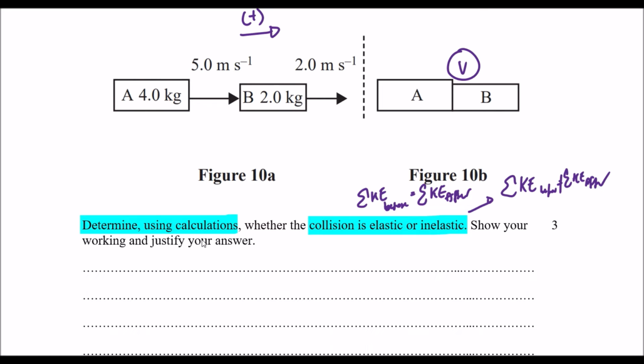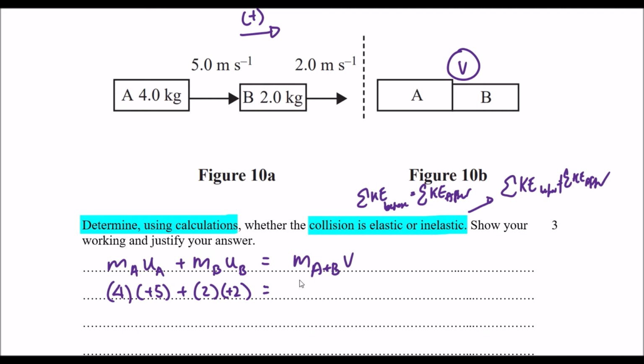Okay, so using the momentum formula, we can write: m_A u_A plus m_B u_B equals (m_A plus m_B) v. So m_A is 4, u_A is plus 5, plus m_B, which is 2, times positive 2, and then the mass that we have combined is 6, so 6v.